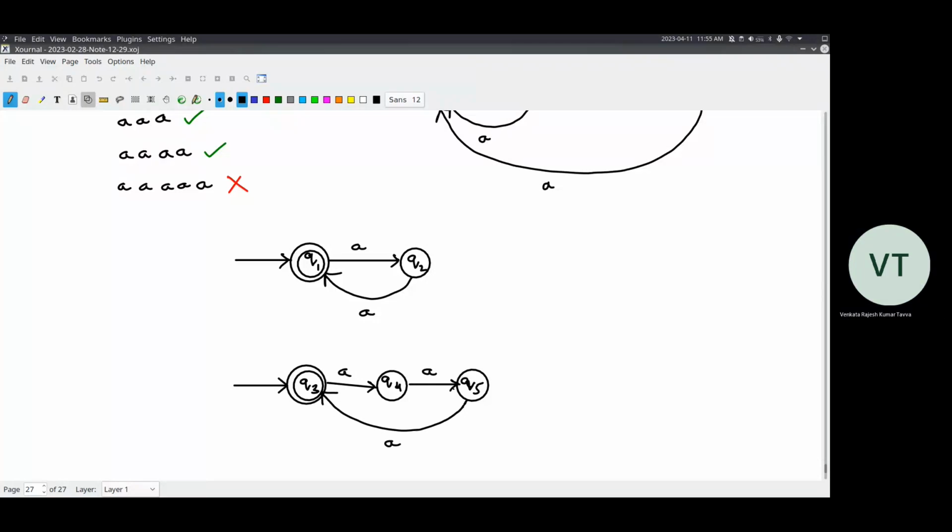Another state. Okay, so let me say Q0. Now how do I combine?